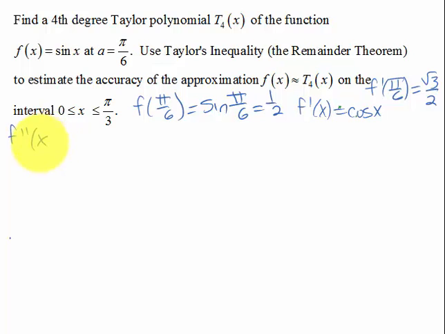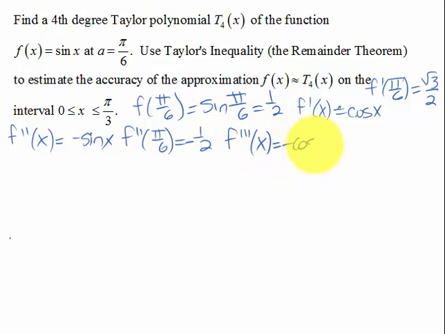We'll take the second derivative, and the derivative of cosine is negative sine, and so if we evaluate that at pi over 6, we would have negative 1/2. And now we're going to take the third derivative, which is going to be negative cosine x, and we evaluate that at pi over 6, and that's going to be negative square root 3 over 2.